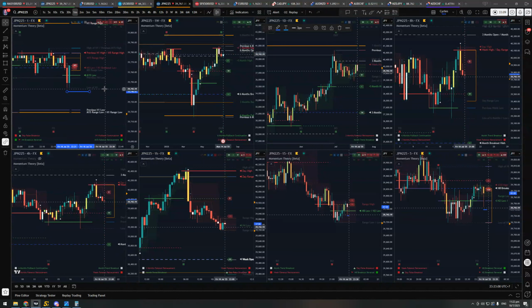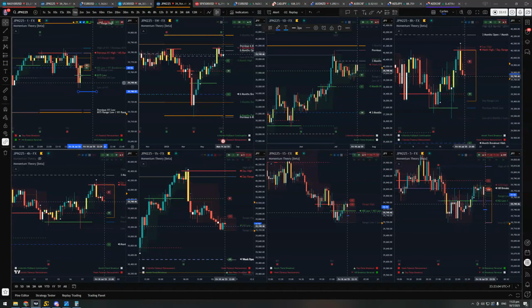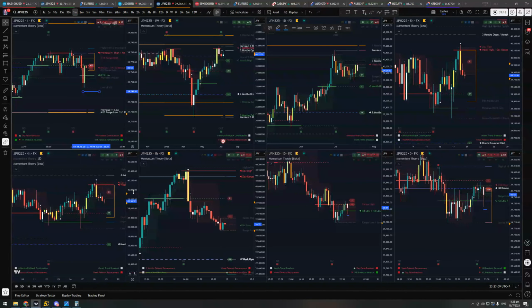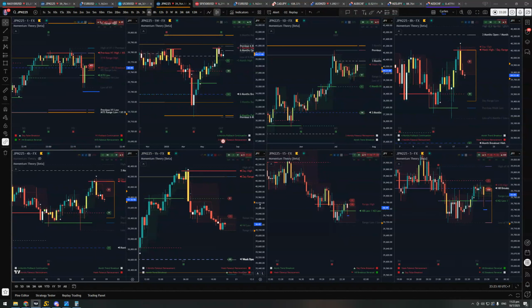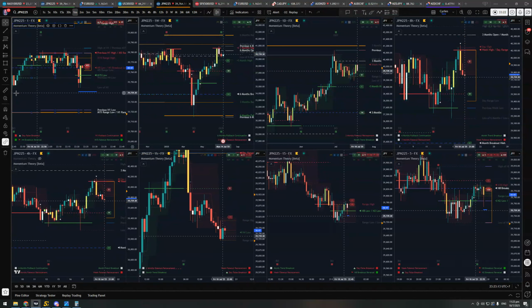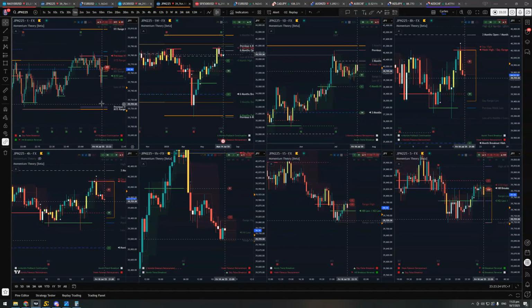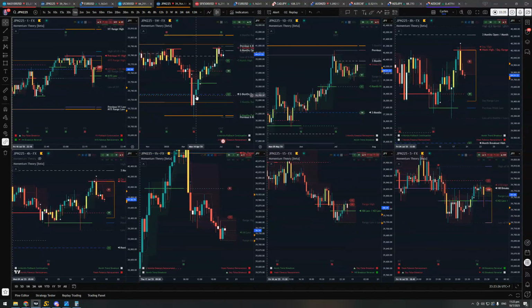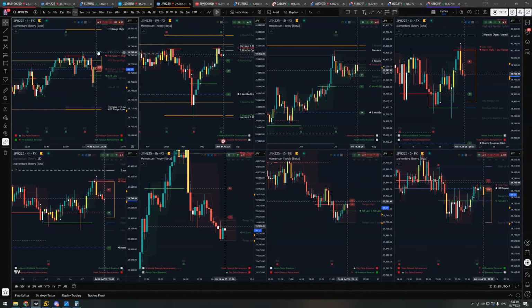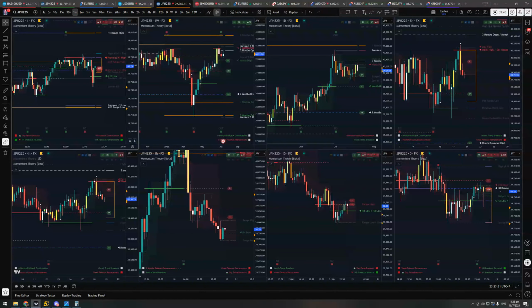Coming up. Okay, breakout to the upside. Still no entry. Still waiting for continuation here. Or possibly even coming back up, faking out the high here.